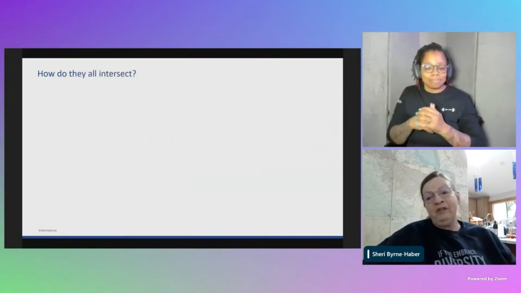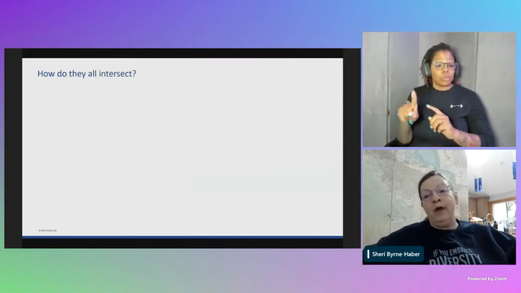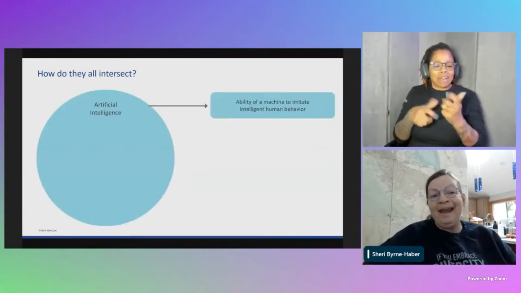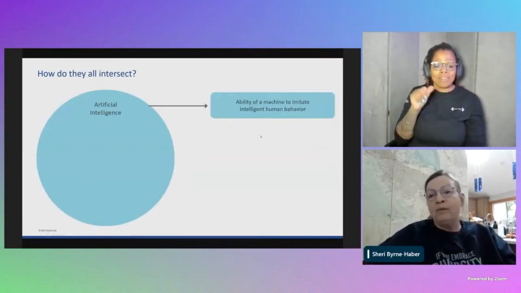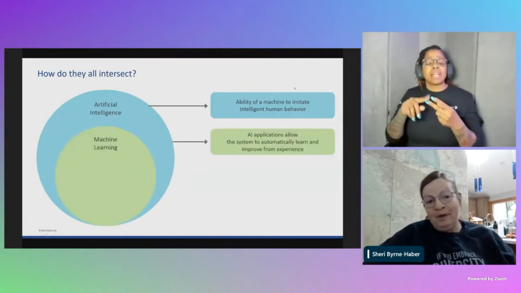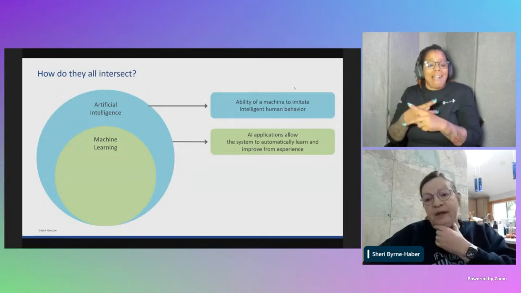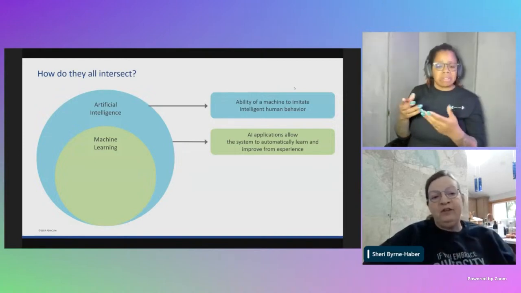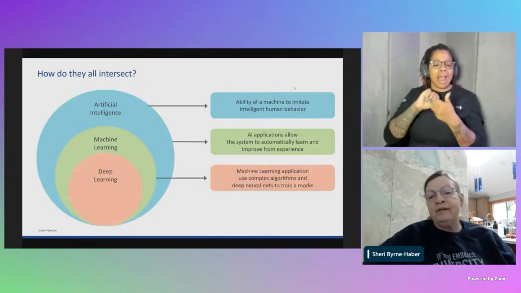Okay, so question, I just dumped a whole ton of acronyms on you. How does it all work together? Well, we've got AI, which is the big overarching technological piece. Then machine learning, which is a type of AI. So what I've got on the screen here is some concentric circles that show how each of these pieces intersect.